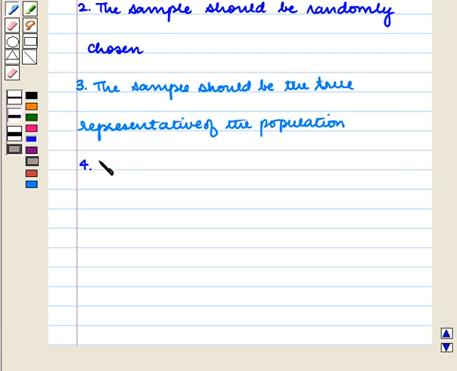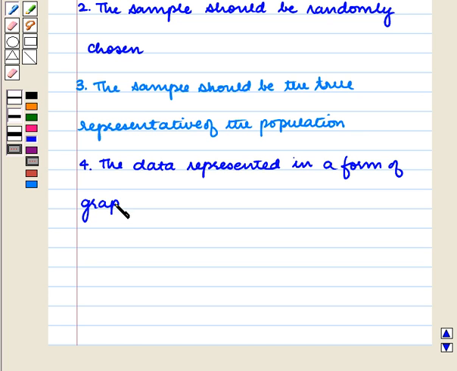4. The data represented in a form of graph should be made appropriately using correct scale.